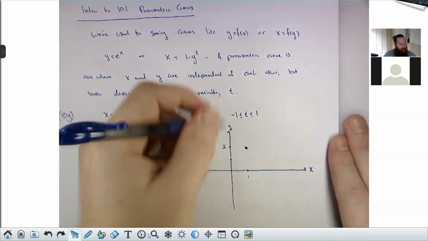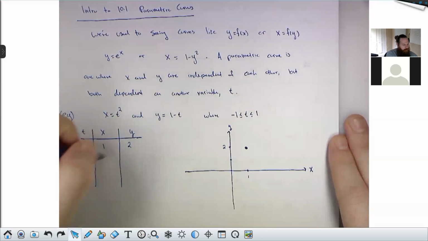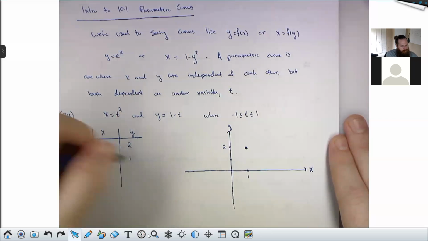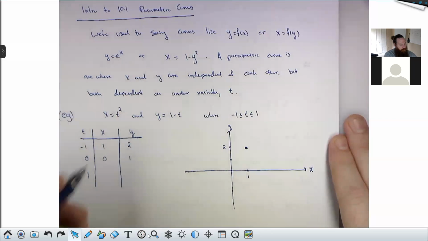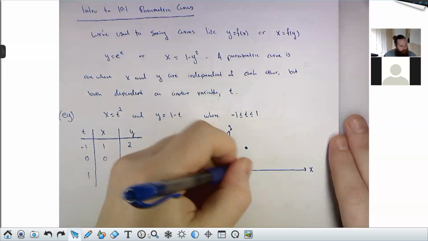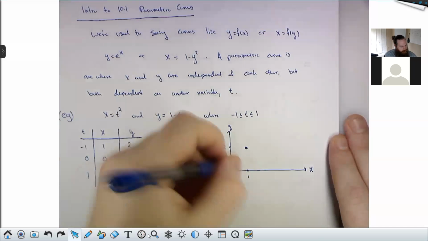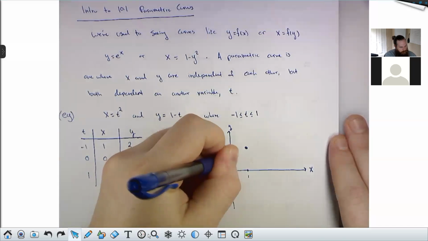So this is where my curve starts. When t is equal to 0, x is 0 squared, and y is 1 minus 0, that's 1. So I would be at the point 0, 1, which is right here.